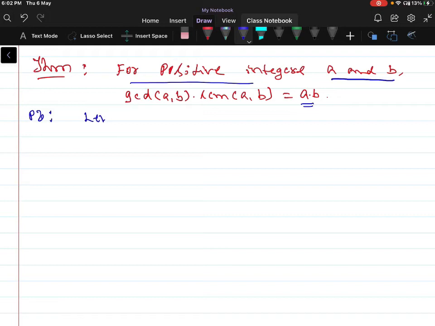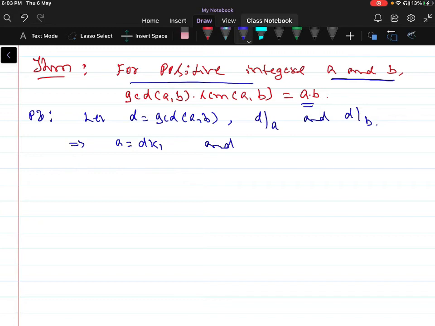Let d be equal to GCD of two integers a, b, then d divides a and d divides b. This implies a can be written as d into k1 and b can be written as d into k2 for some integers k1 and k2.